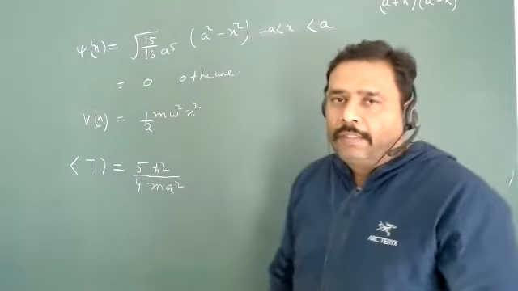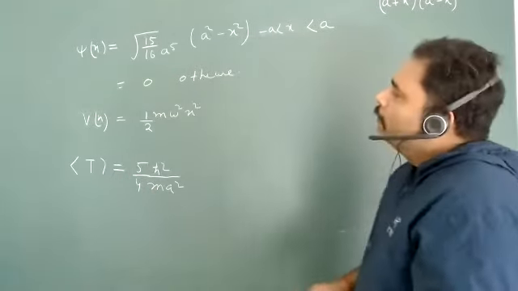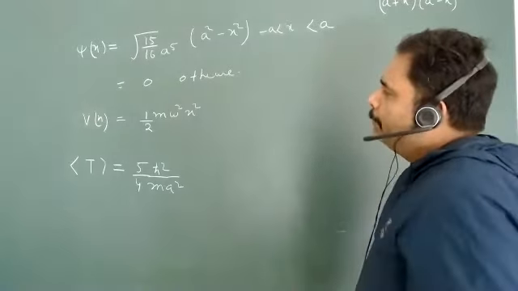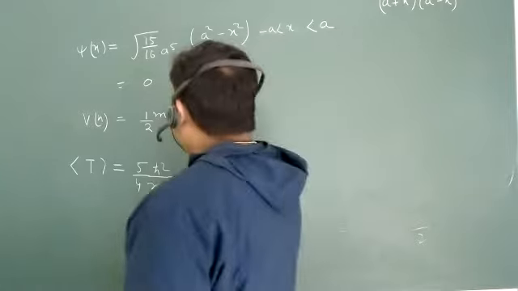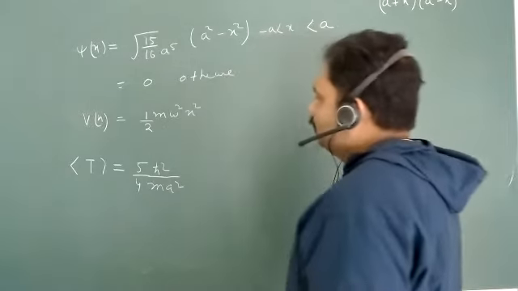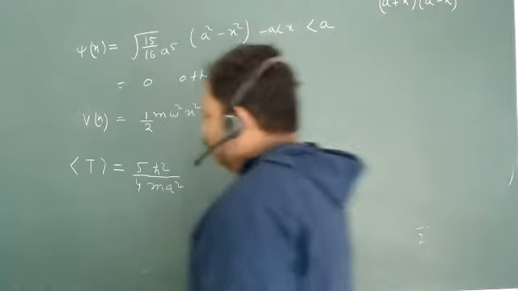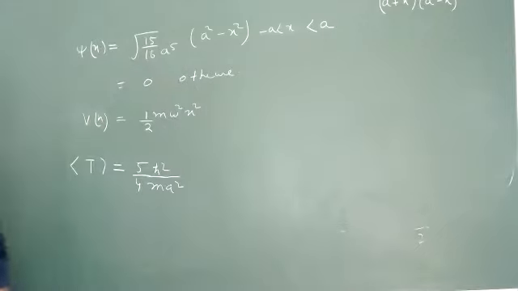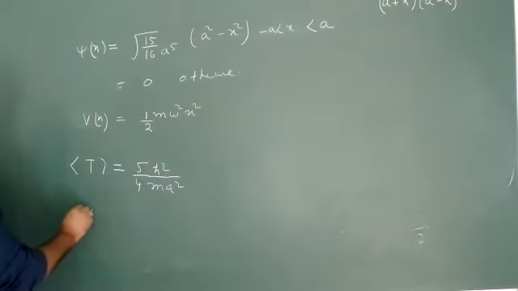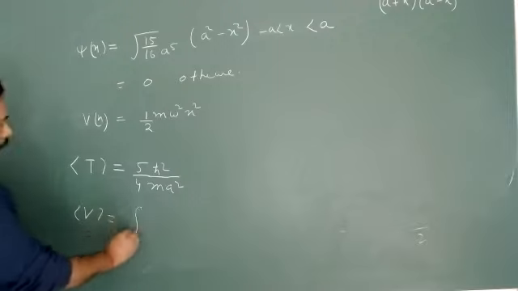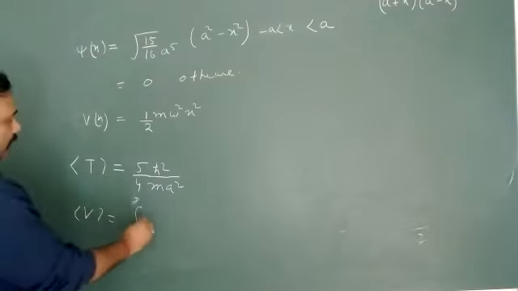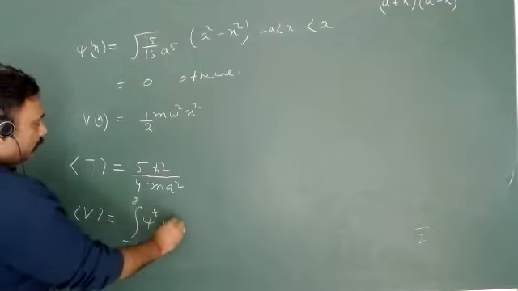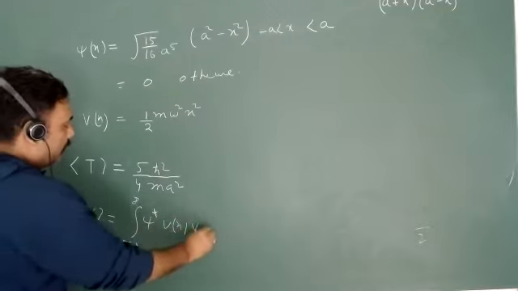Okay, now we have to go for basically the expectation value of potential energy. So when we are going for the expectation value of potential energy, we have to go for obviously minus infinity to plus infinity, ψ star V(x) ψ dx.